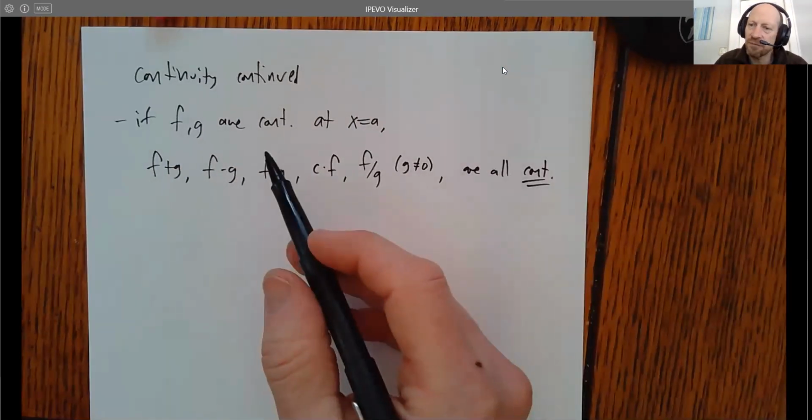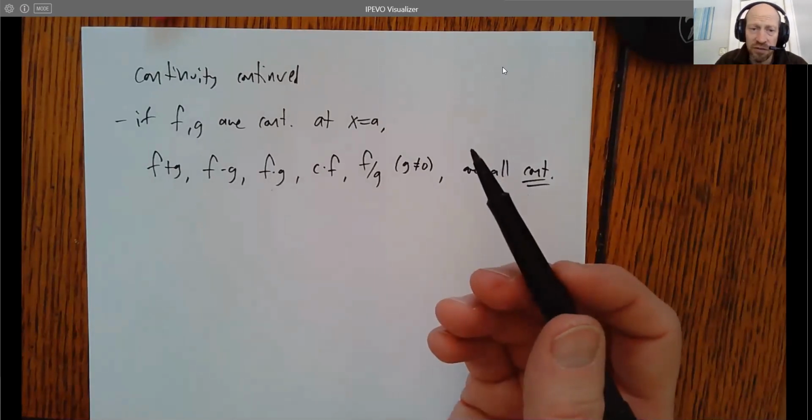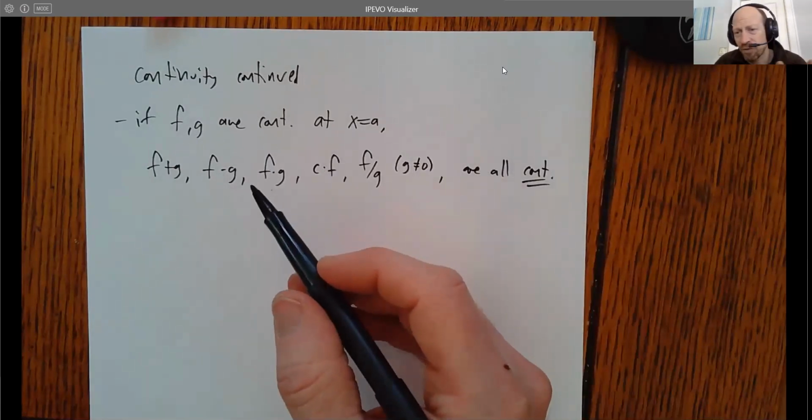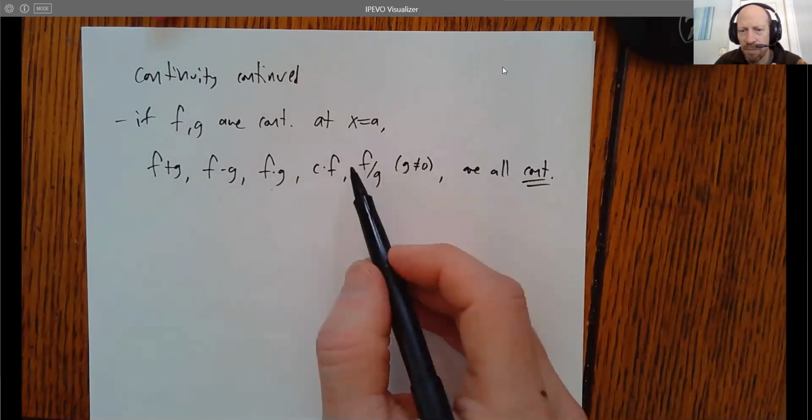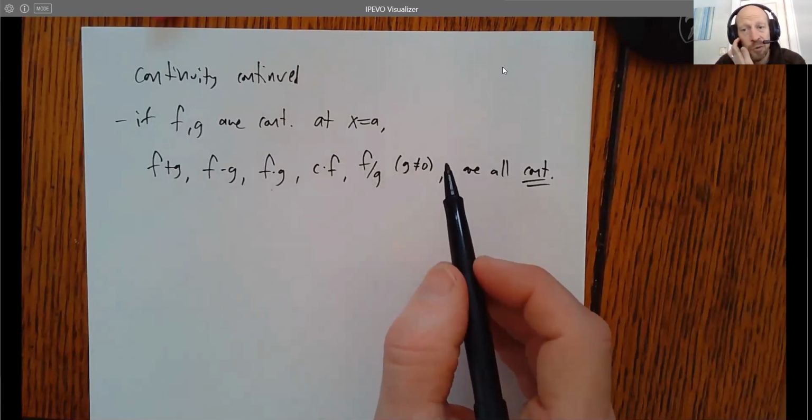So what this says is if you start with two continuous functions, you can add them and subtract them and multiply them and divide them, multiply them by numbers, and you don't change continuity.